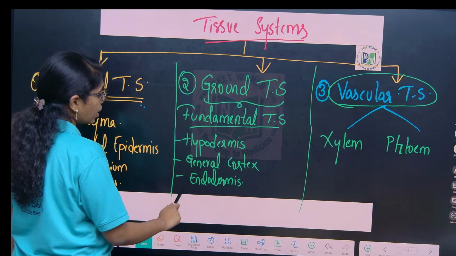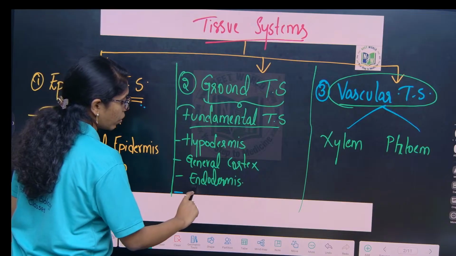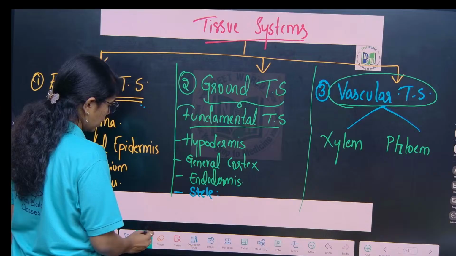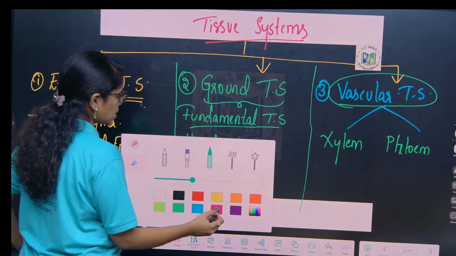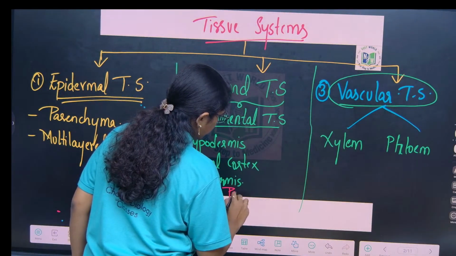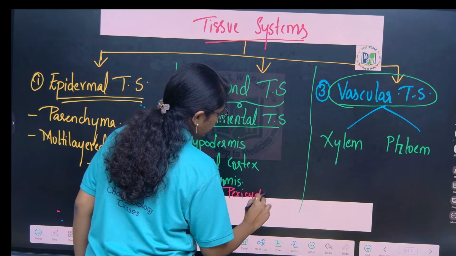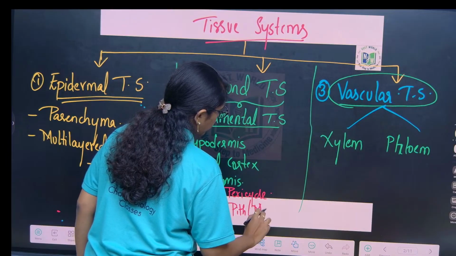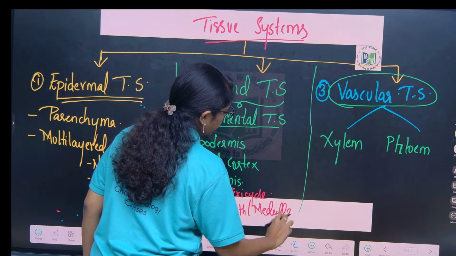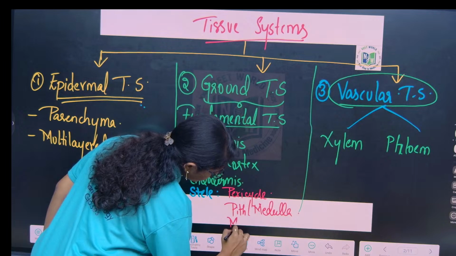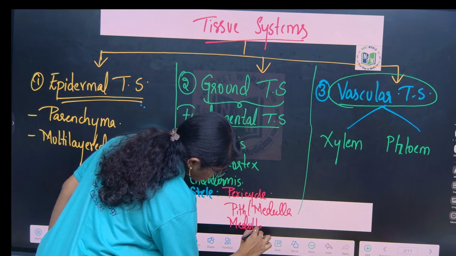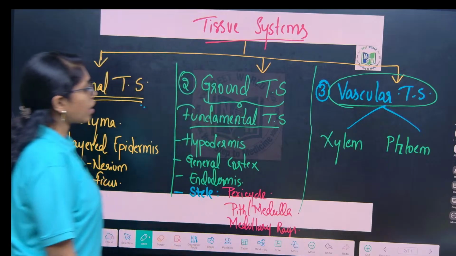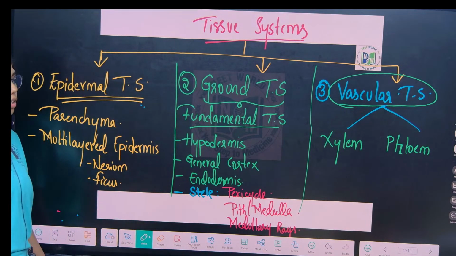After this, in the stele, what are present in the stelar region? Pericycle, pith or medulla, and medullary rays. These are the components that are present in the ground tissue system or fundamental tissue system.